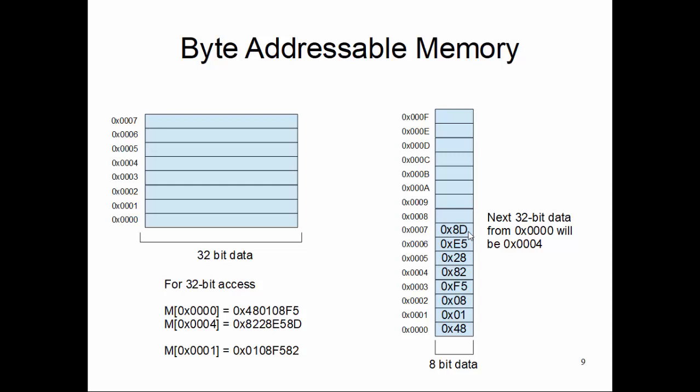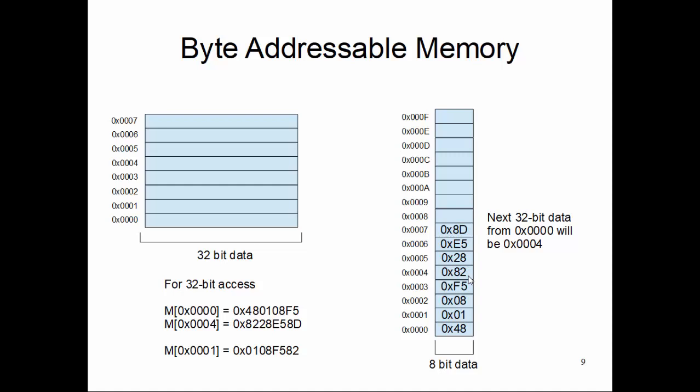Then, if we access memory location 001 with a full word, of course, what do we access? We access 01, 08, F5, 82. If you recall your CS47 or equivalent assembly language programming, there is an interesting problem of memory alignment. For example, this address 0001 is not really a word aligned memory address, and possibly a real system will give you an error there.